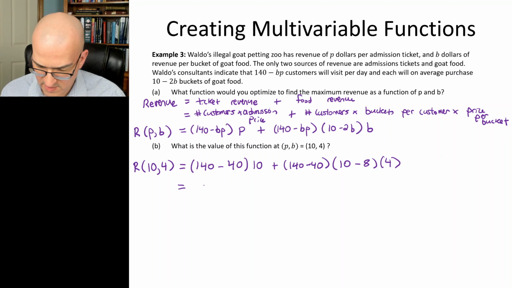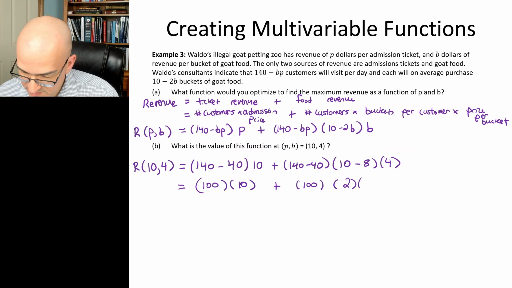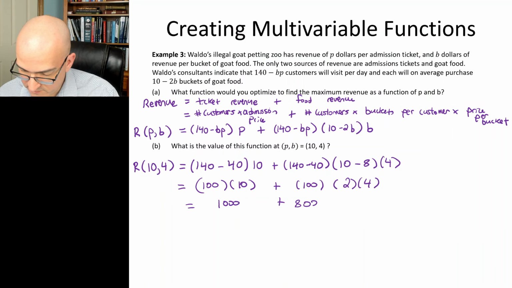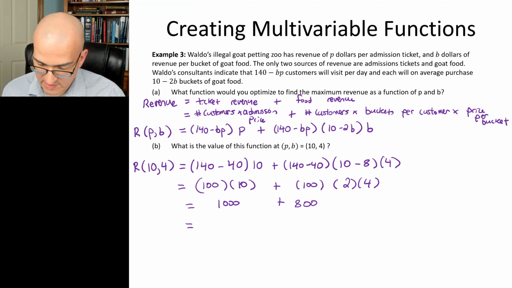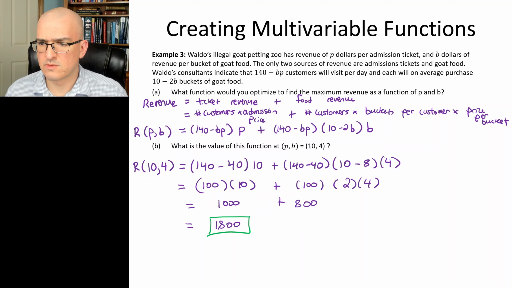So we'll have 100 times 10 plus 100 times 2 times 4. So I'll have 1,000 from the first part plus 800 from the second part. $1,800 will be the revenue that's made from this illegal goat petting zoo.